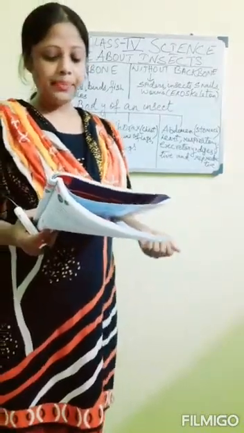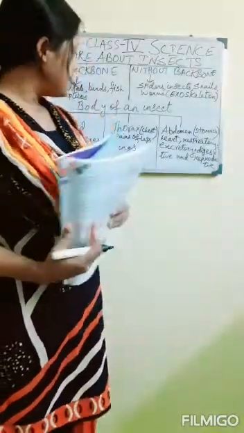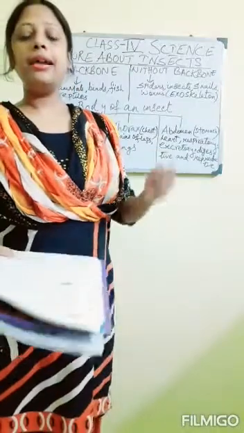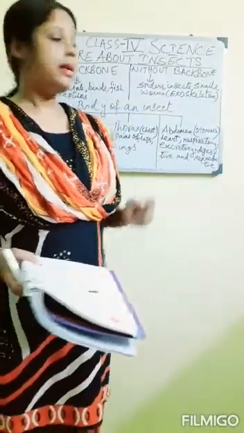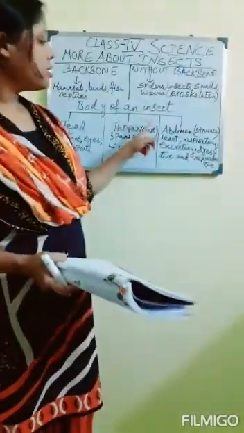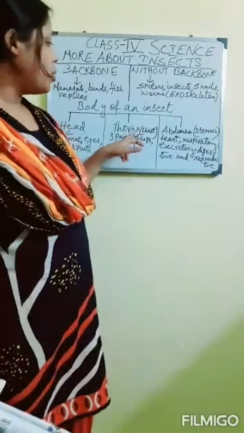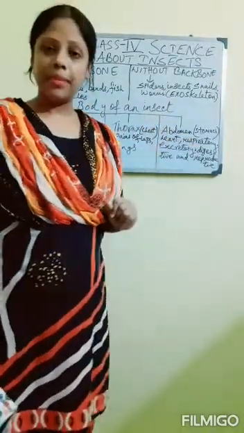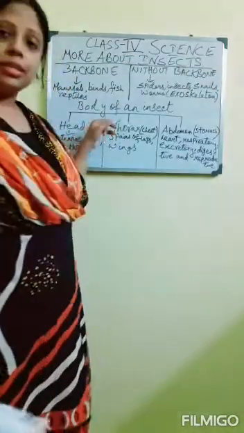Now the next is the body of an insect. As I said, they are divided into 3 parts, head, thorax, abdomen. Thorax is the chest while abdomen is the stomach. Now, what does the head consist of?